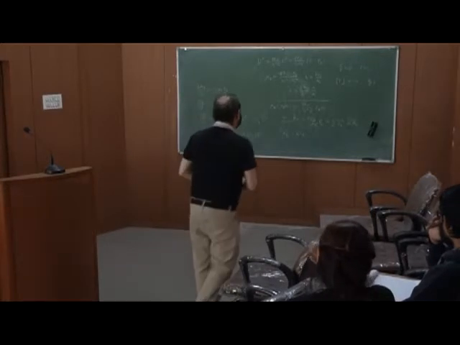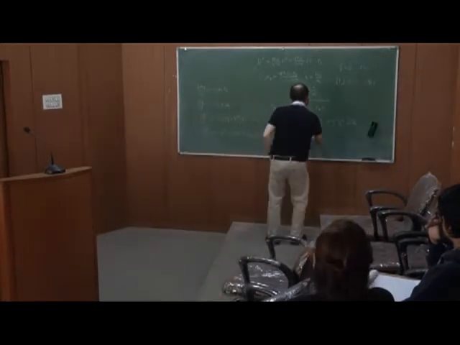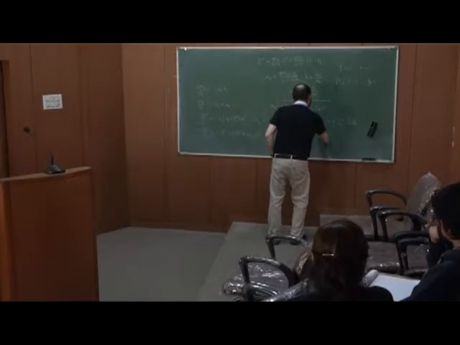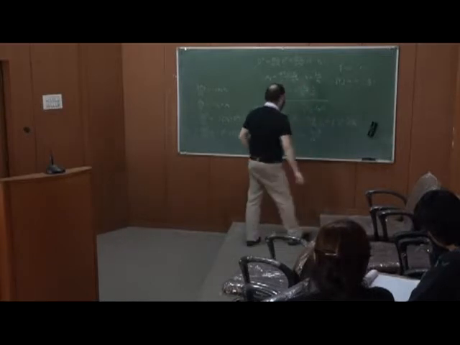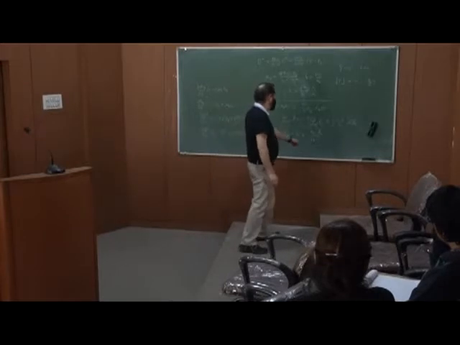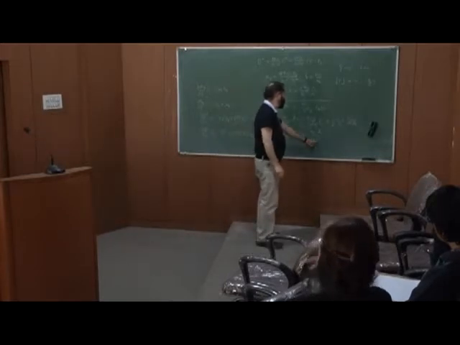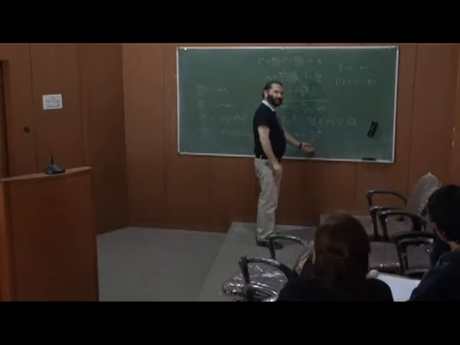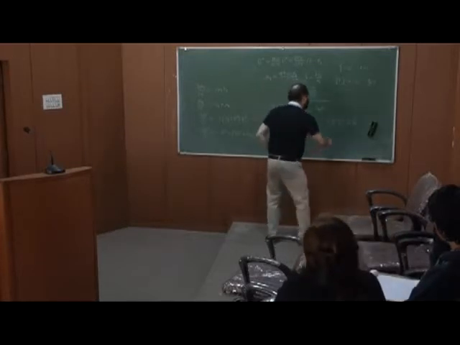A good choice is as follows. Let's take this to be the central value minus the background by 1 plus r to the n. See? This is a good choice. Why? Because what happens when r goes to infinity? This whole thing vanishes. And what happens at r equals 0?